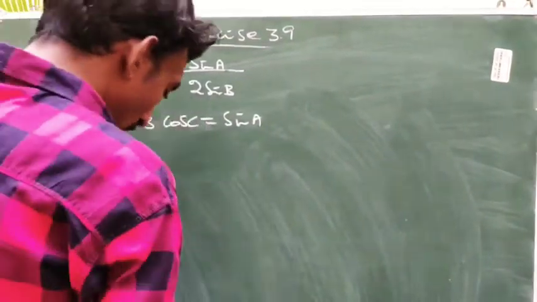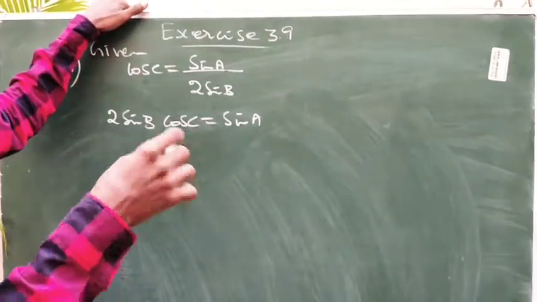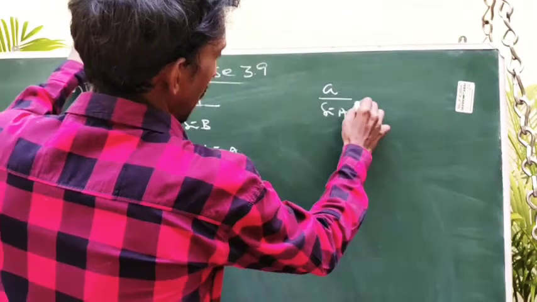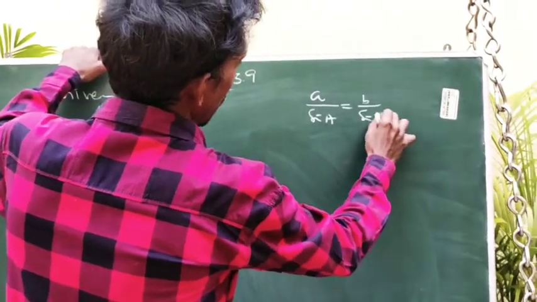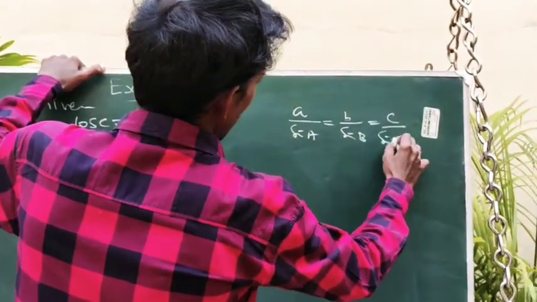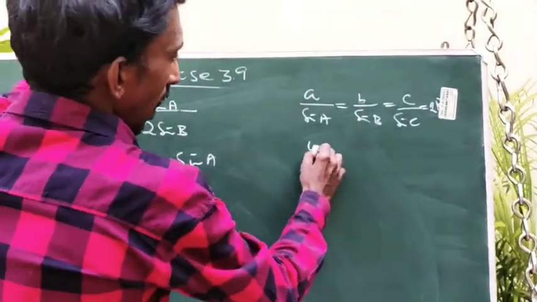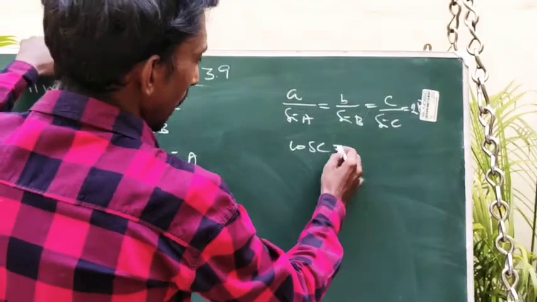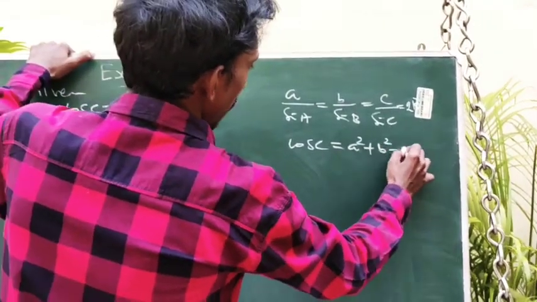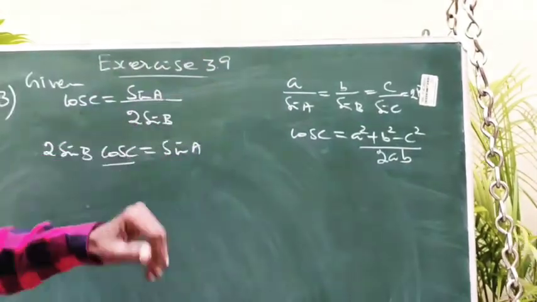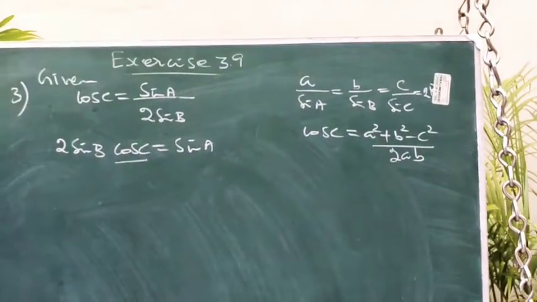So we are going to apply both the sine formula and the cosine formula. The sine formula, we already know: a by sin A equal to b by sin B equal to c by sin C equal to 2R. And cos C, in cyclic order, is (a square plus b square minus c square) by 2ab. So we are going to apply both formulas to prove this question.